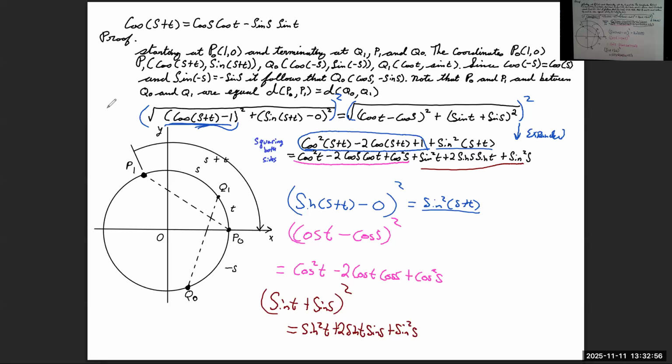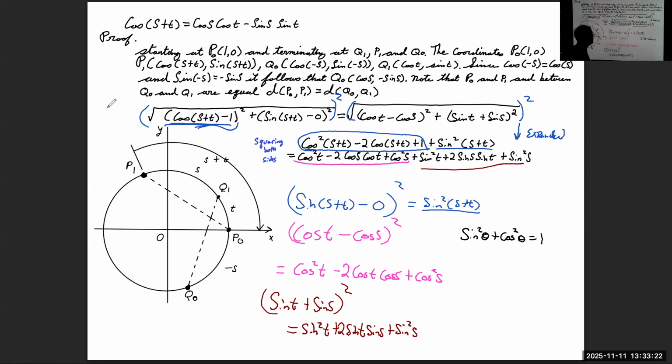Okay, that's what the distance formula bought us. I expanded it out. We see each and every one of those terms. And then I'm starting to notice and also recall more things about the Pythagorean theorem. I know that sine squared of some angle plus cosine squared of some angle equals 1.